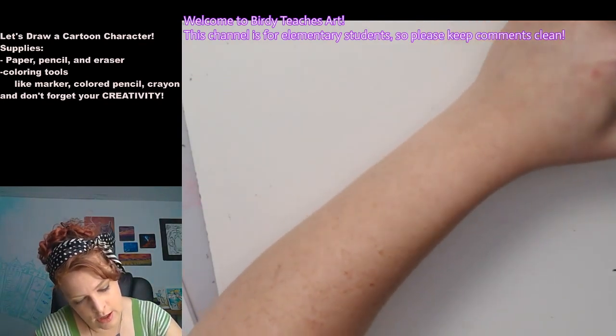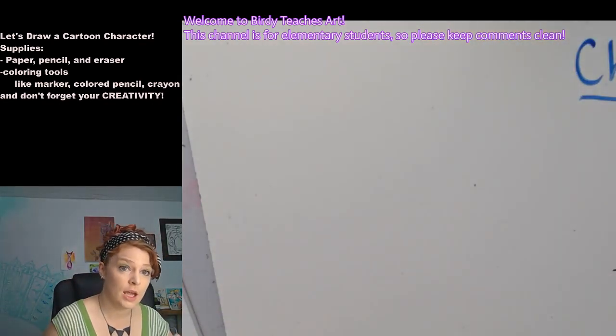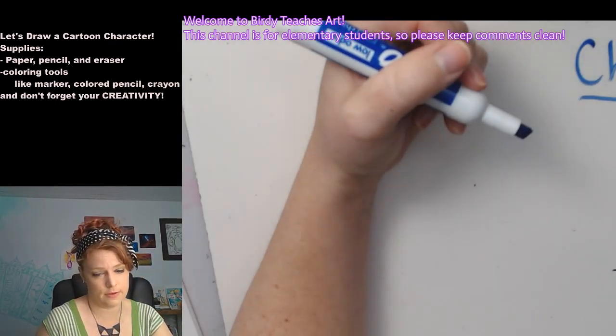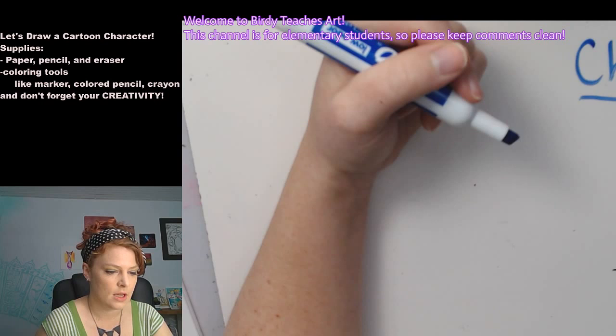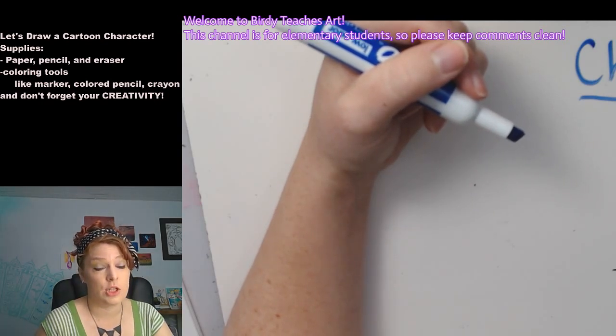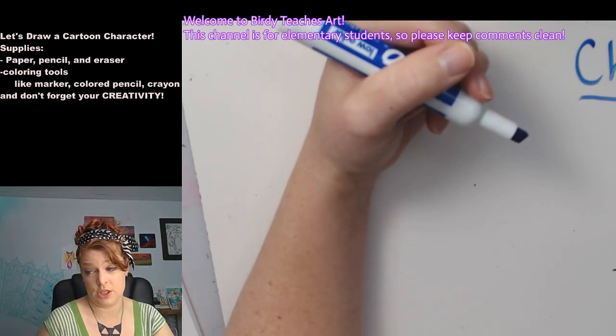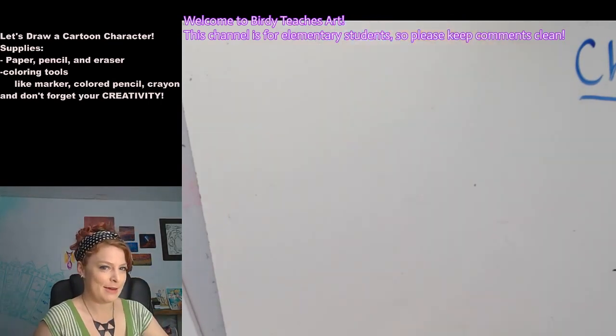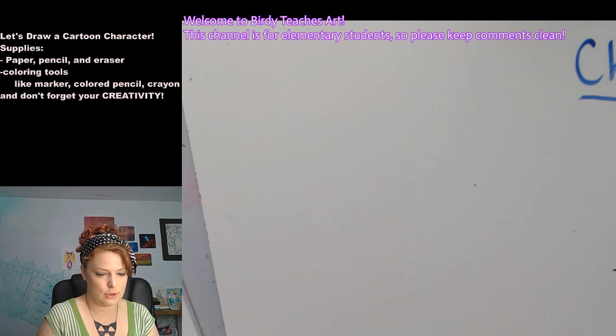So Chell is a gray cat, and she's got longer fur than Kiki, but not very long fur. She's a very pretty kitty, but she also thinks that she's the queen of everything. Okay, so really think about the personality that you're trying to capture.